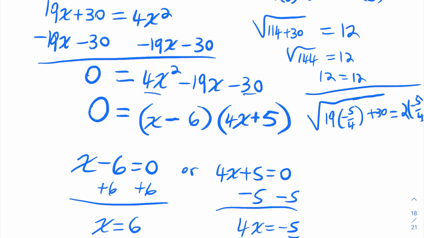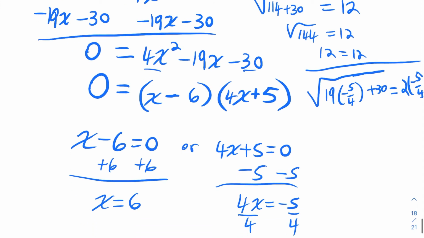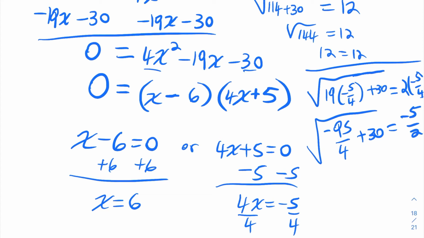Well, turns out that 19 times negative 5 is negative 95. So this is negative 95 over 4 plus 30 equals, and the right side is just negative 5 over 2 if you simplify it, right? When you multiply that on the right side.